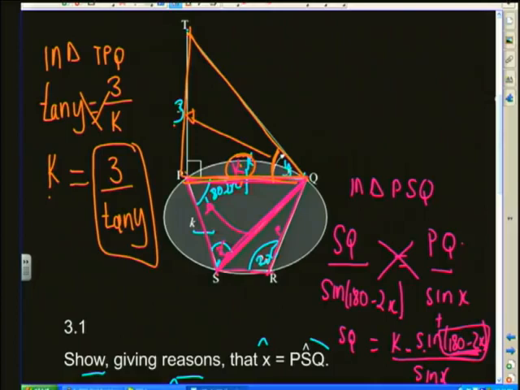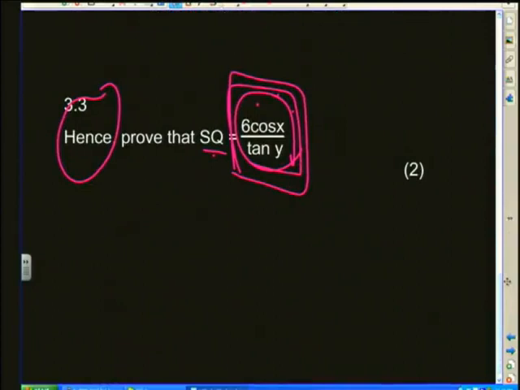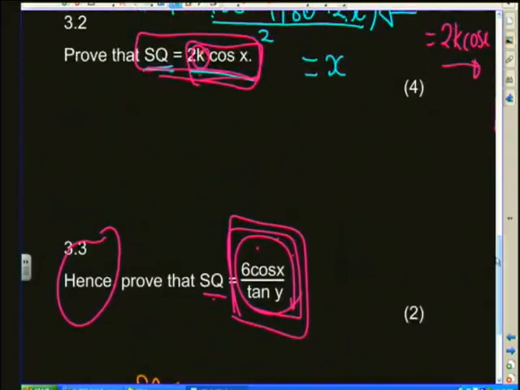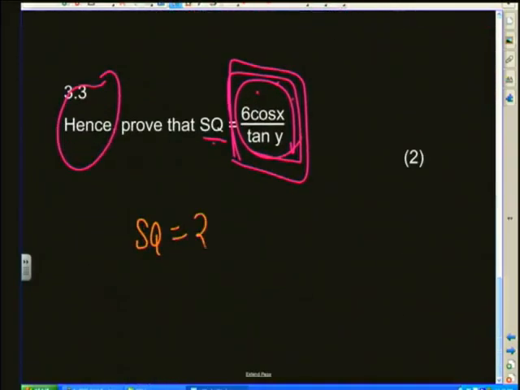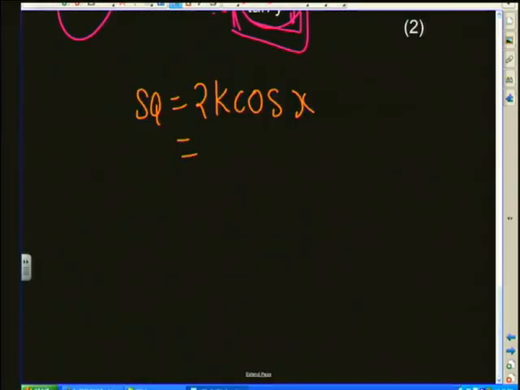So that bit of information we're now going to use and substitute, because remember we've just shown before SQ is equal to 2k cos x. Our whole aim with working in another triangle was to get rid of k, and what we've just shown is that k was in fact 3 divided by tan y.